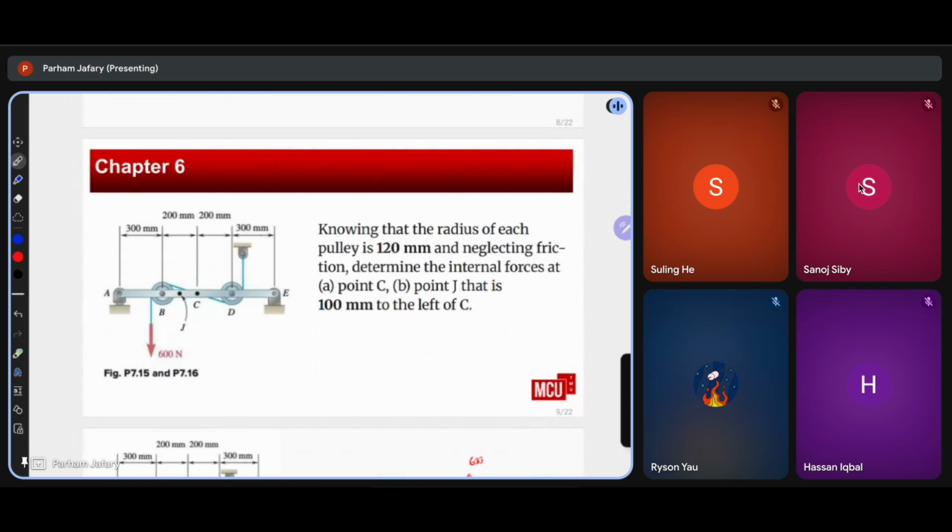The next problem deals with internal forces. I'm just going to give you guys a moment to read it.